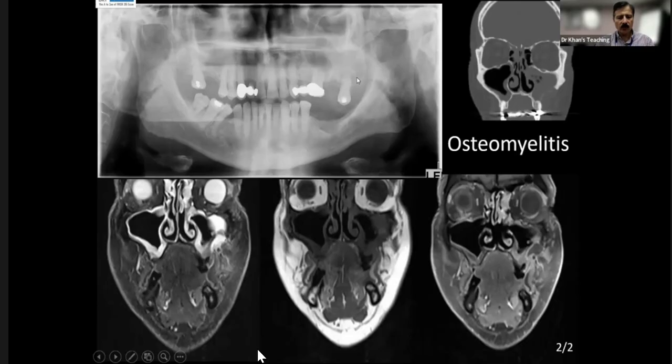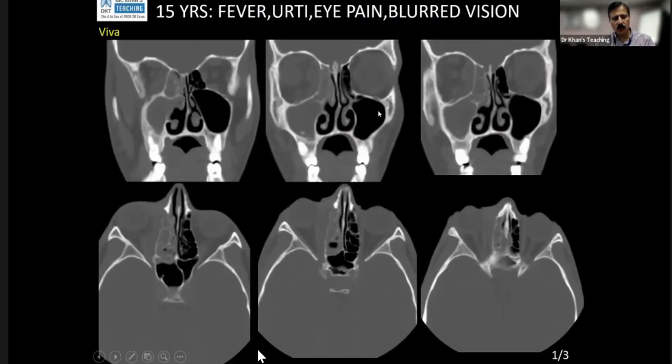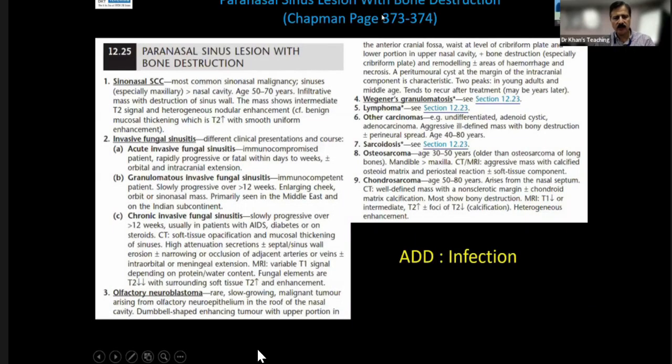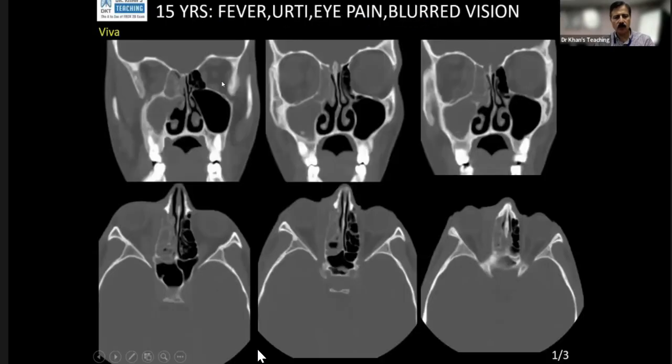So the key point to remember is that you have to then see on this CT scan, actually this was visible. I have intentionally not given it to you. So this was a case of osteomyelitis. So this is a paranasal sinus lesion with bone destruction.